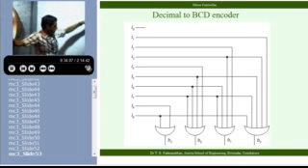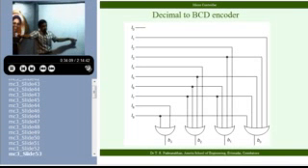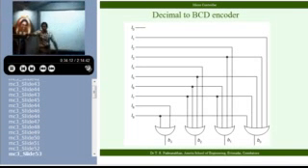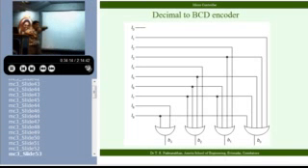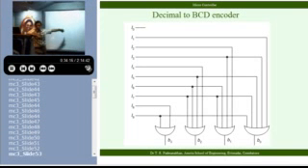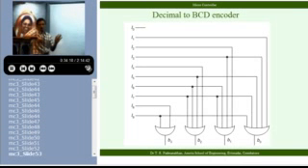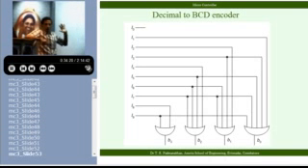These are the 10 decimal digits. These are the equivalent binary numbers. Alright. This is one of the illustrations of the art and science of putting something in a very elaborate manner which you can understand very easily otherwise.